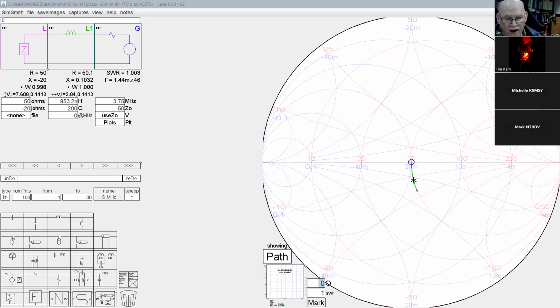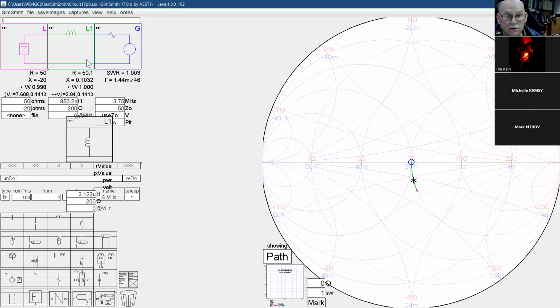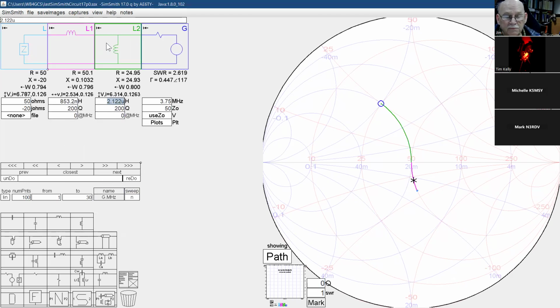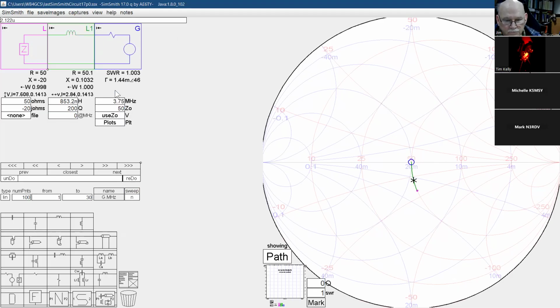And in terms of drag and drop, you see you've got all these components. You've got a series capacitor, parallel capacitor, series inductor, which I used, and parallel inductor, which I can just drag and drop. That's going to screw things up, and then I can undo that. You can also do an open stub, which people have written about in QST, a series stub, or a series parallel stub.